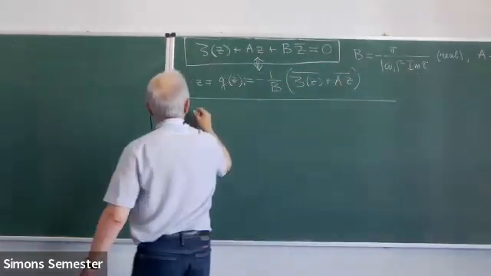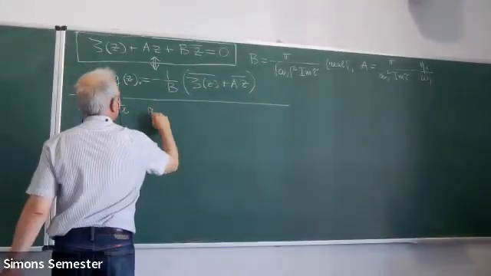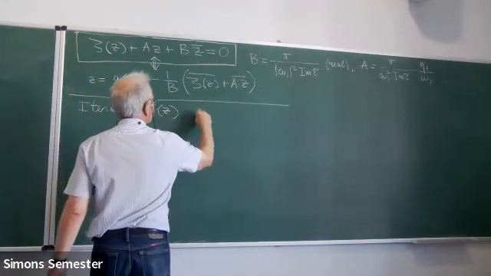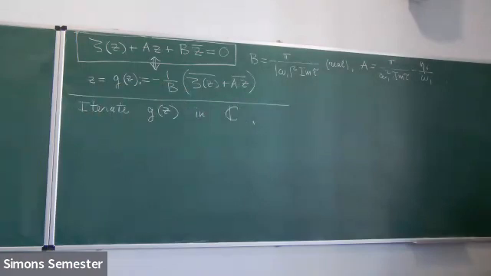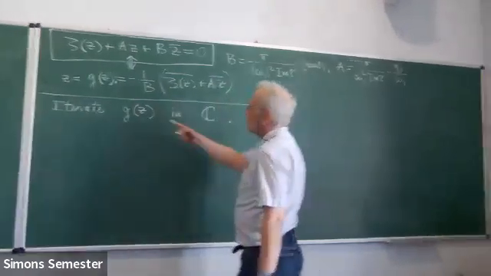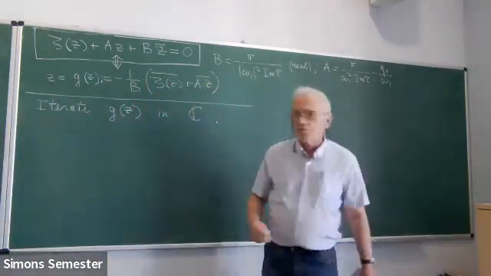So I'm going to iterate this function. It's an anti-holomorphic function in C. Of course, I cannot do this directly because it has poles. So this belongs to a well-investigated subject, the dynamics of meromorphic functions. As a map from C to C, it is not defined at the poles. Now, iterates will not be defined at the images of poles.